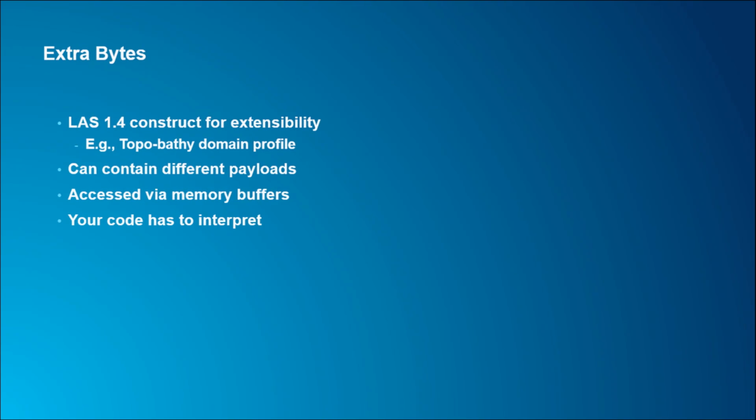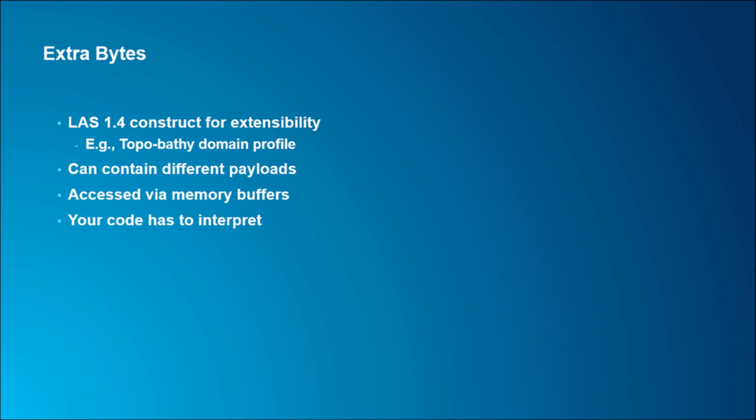ExtraBytes, this is something that we don't see used very commonly, but in the future it could become more common. Basically it's for the sake of extensibility, where extra, application-specific information can be added per point within the files, and we do have support for that. But it's user-defined information.